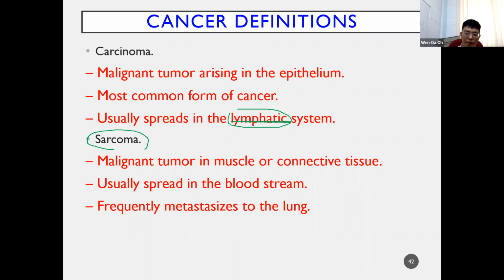And luckily for my 17-year-old relative, this bone tumor turned out not to be a sarcoma, but actually a benign tumor. It is not harmful. So this is one of the cases where he got lucky. You'll see all these terms if you're studying cancer, like sarcoma, carcinoma, and so on.